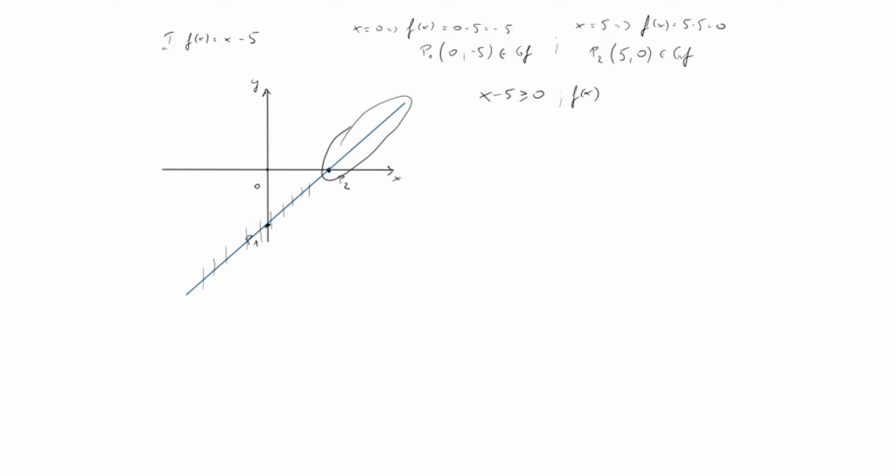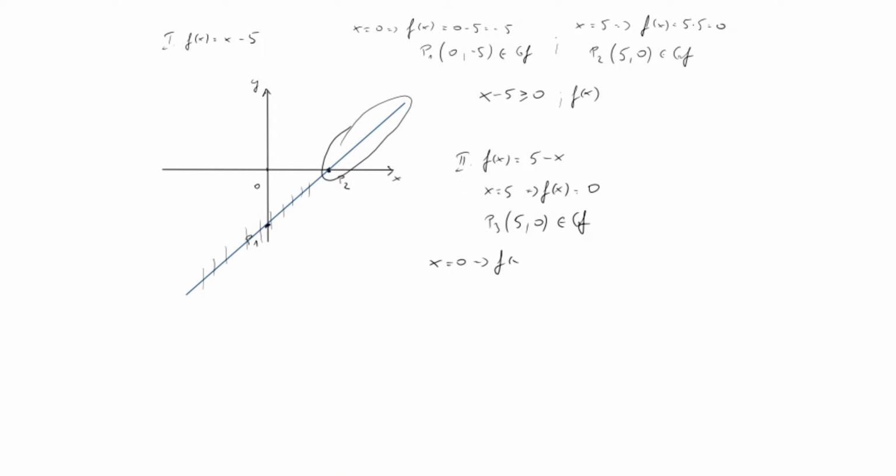Okay, the same way, let's see case 2. f of x equals 5 minus x. Okay, so if x equals 5, in that case f of x is 0. So P3 of coordinates 5 and 0 is part of the graph. Then what happens if x equals 0?